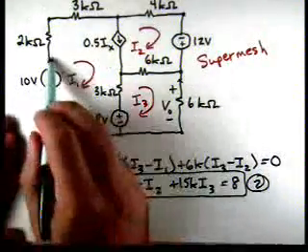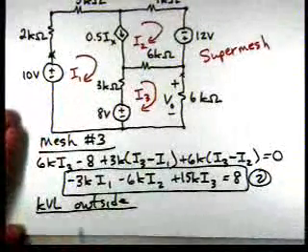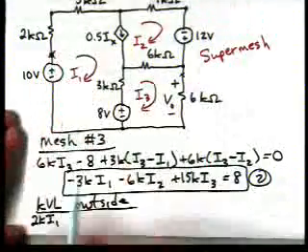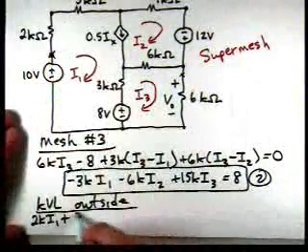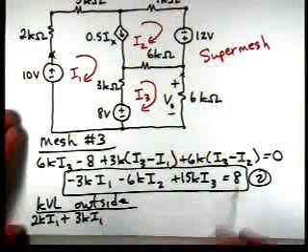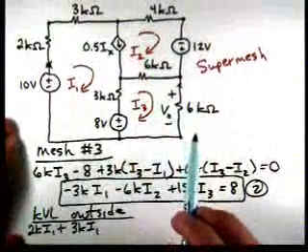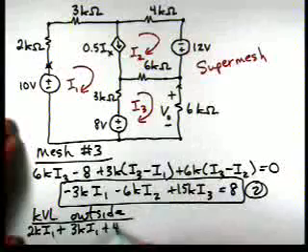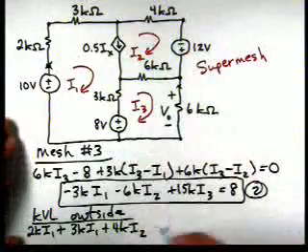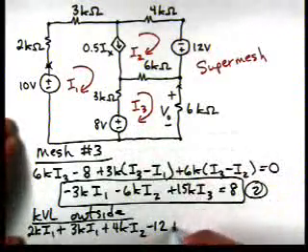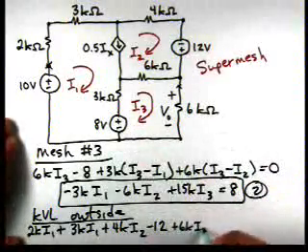So if we start here and go around, we'll have 2K times I1, a drop there, plus 3K times I1, and then we'll have 4K times I2. That's a drop here. We'll have minus 12. Here we'll have 6K I3.